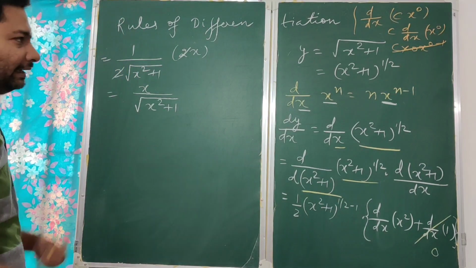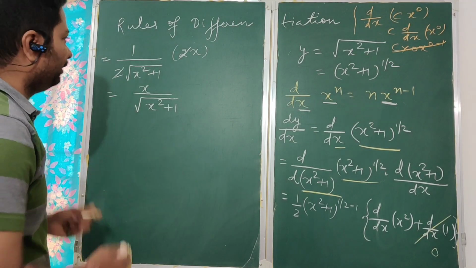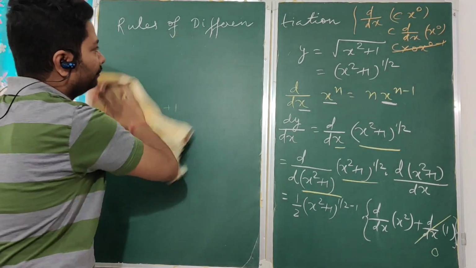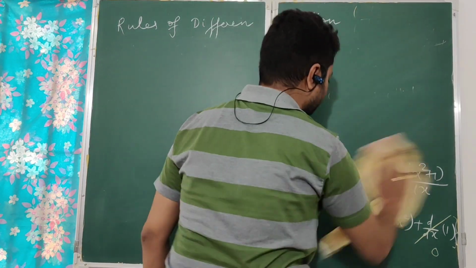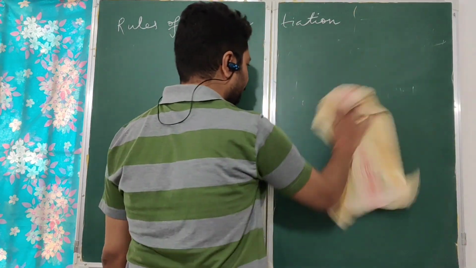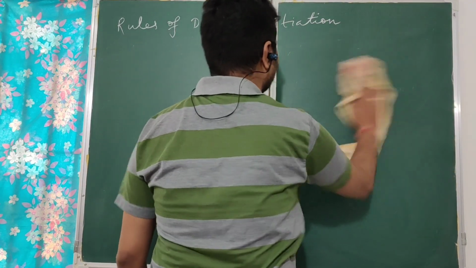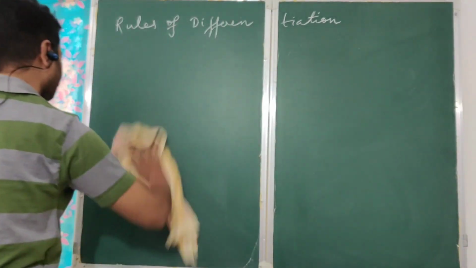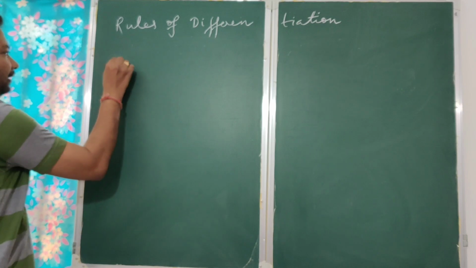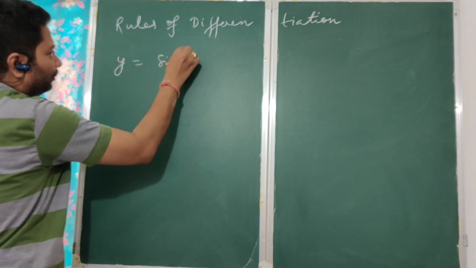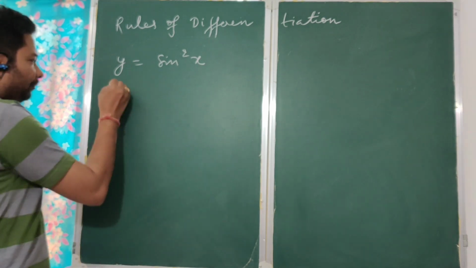Let us take another example where we can make use of the chain rule. Let us say a function has been given, y equals sine square x, and we need to differentiate it. Again the same problem is there.